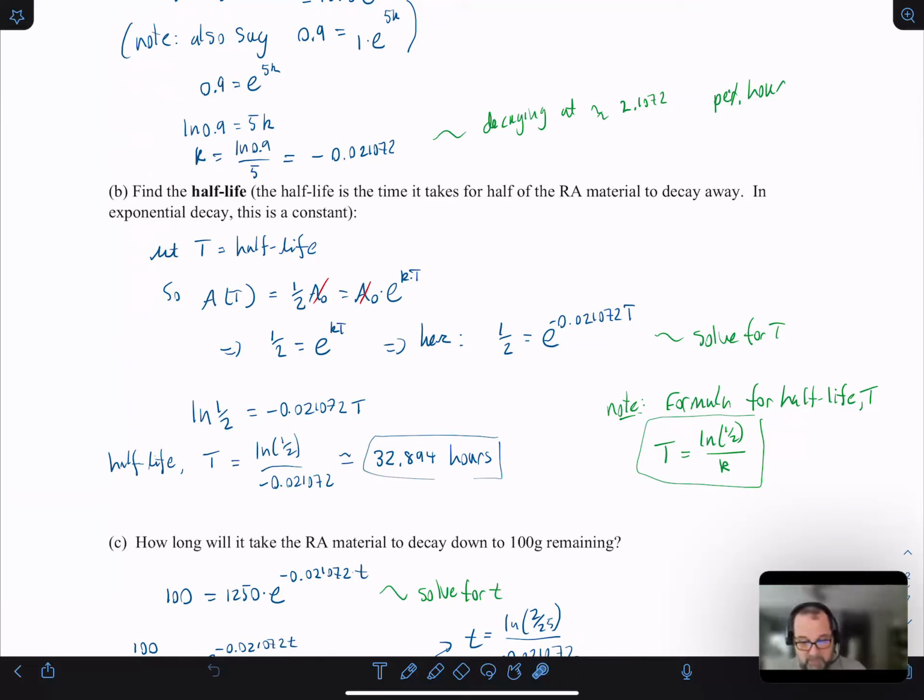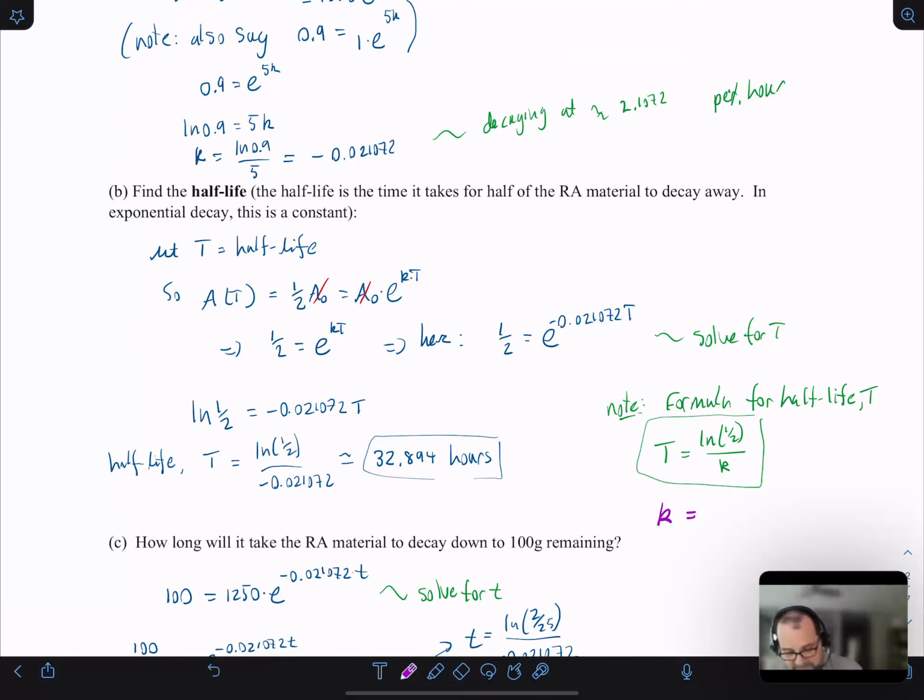A kind of helpful little spot to take a look at is this one here. If we solve that before we plugged our K value in, you can actually come up with a formula relating T and K together. This is quite helpful. If you have the K number, you can compute the half-life by this little formula, and vice versa. The formula is basically the same either way around.